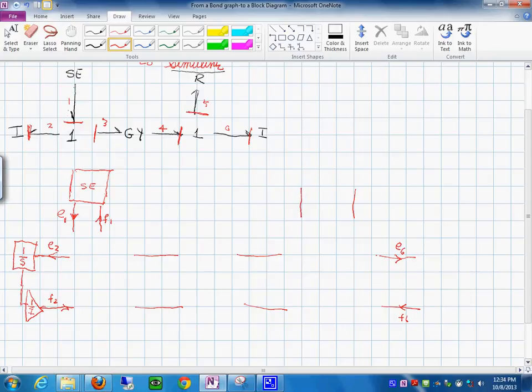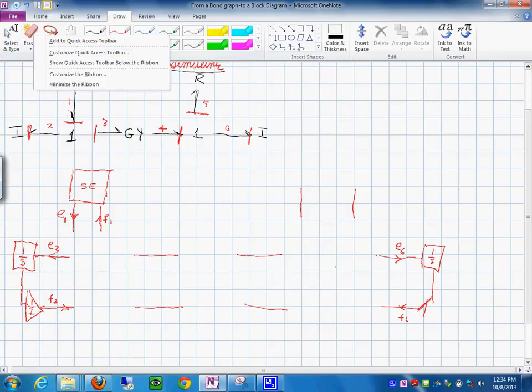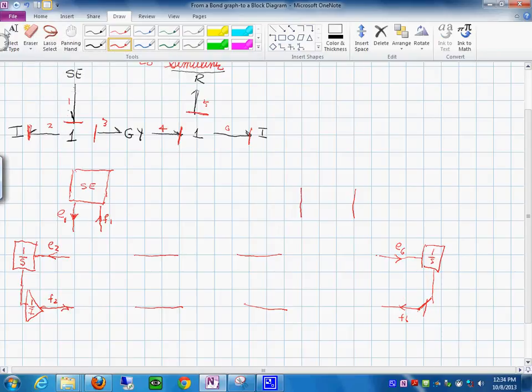So this is an integral form. So you're going to have 1 over S, and then what happens here? You have a gain in here, and this is 1 over I. This one in here, you see the E is what comes out.